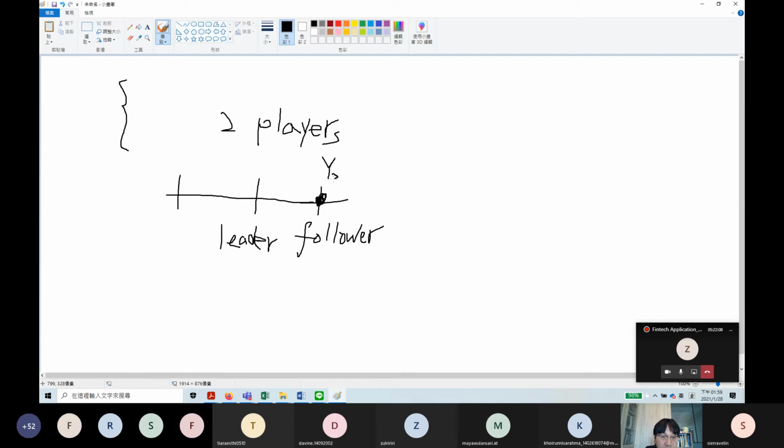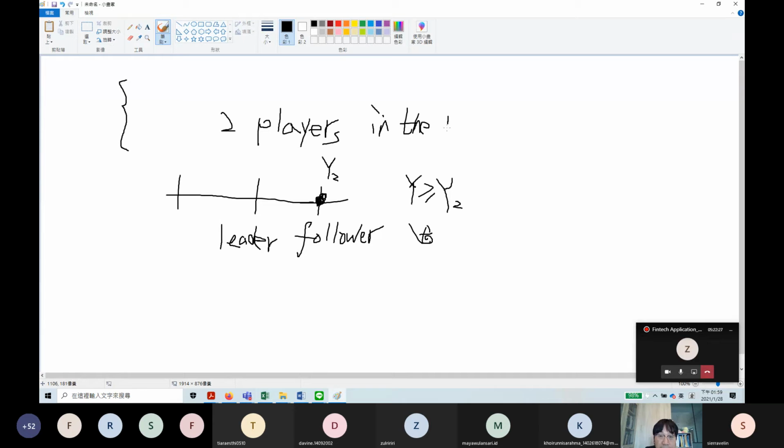So at this moment Y2, these two players are in the dart tree, right?